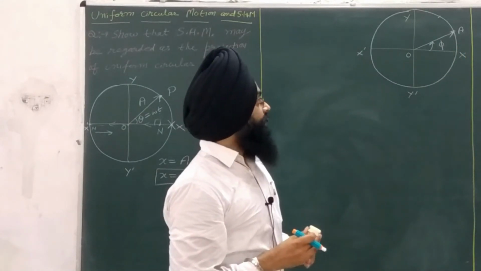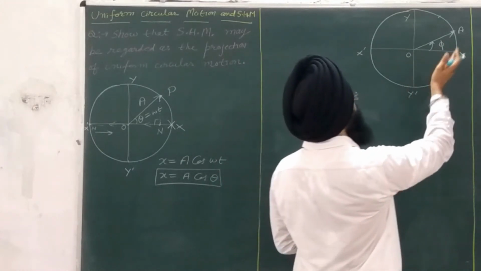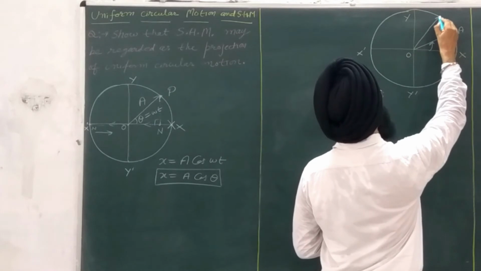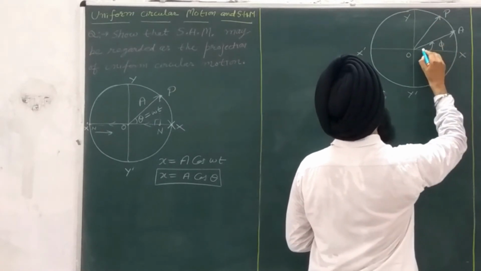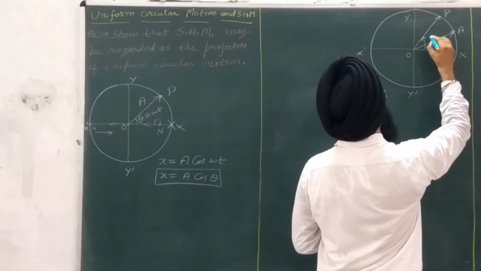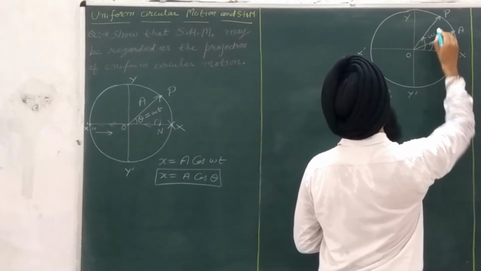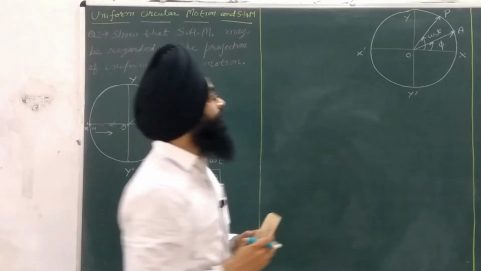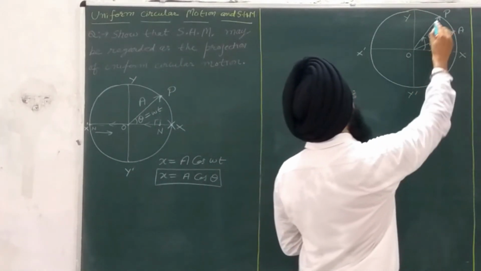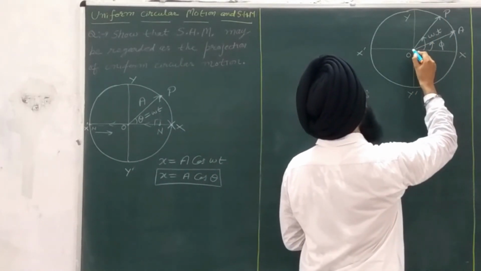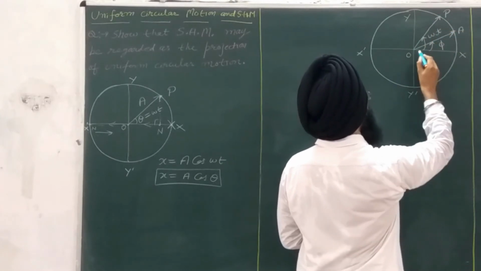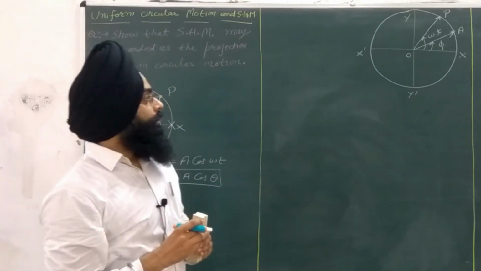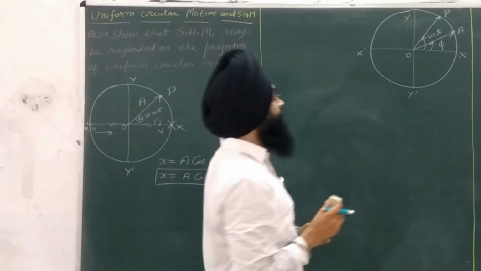Any notation can be given. Let at time t is equal to t, the particle reaches the position P. So in this case, the argument comes out to be omega t. So at the instant of time t, the position of the particle P, the position vector is OP, and its argument is omega t.